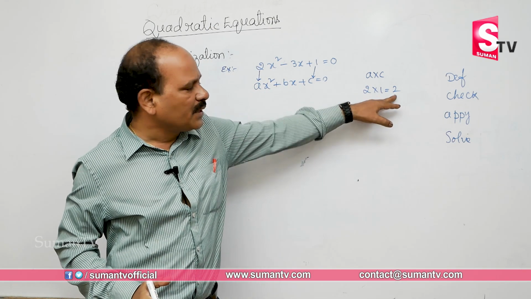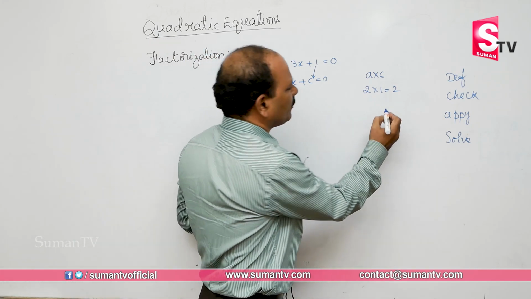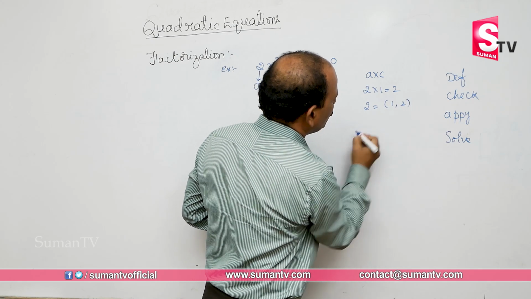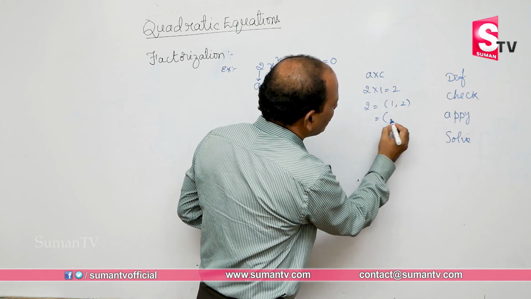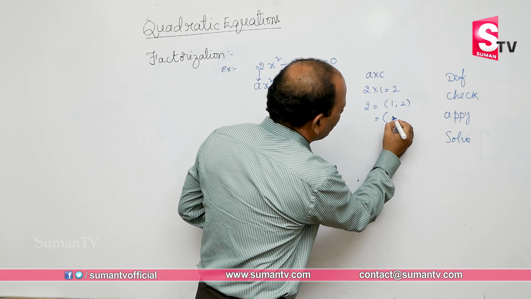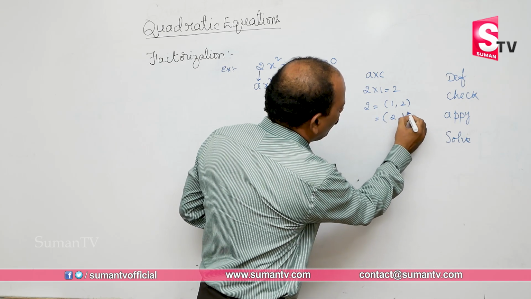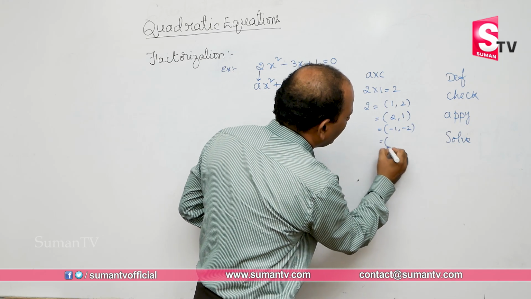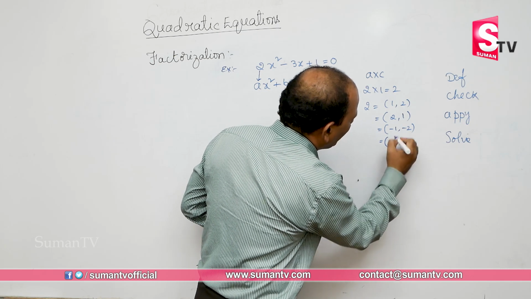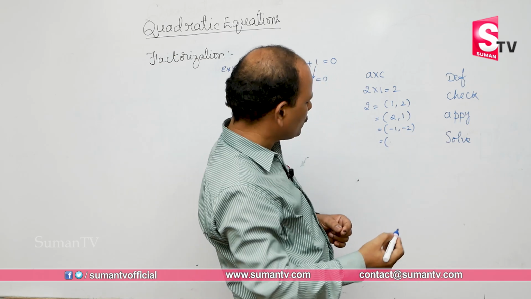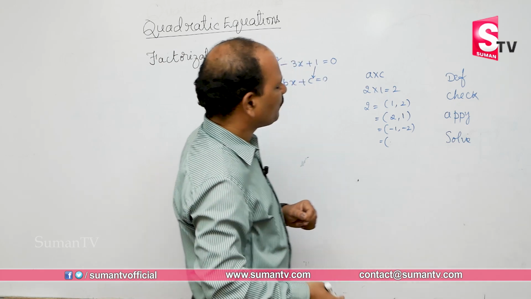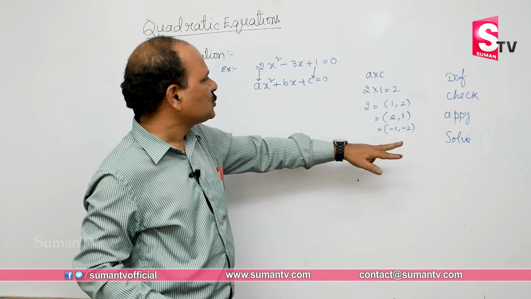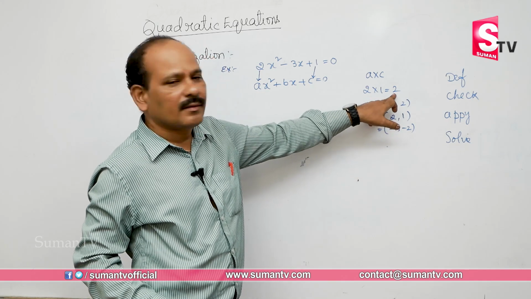Next, I have to split into factors. How to split? What are the factors for 2? One is 1 comma 2, and other factors are 2 comma 1 and minus 1 comma minus 2. This is enough. Which factors should I select that meet the requirements?